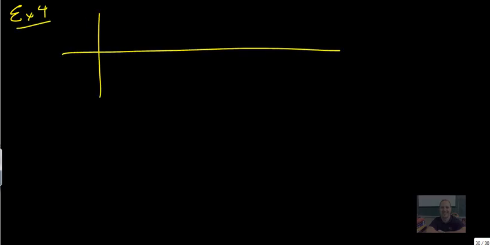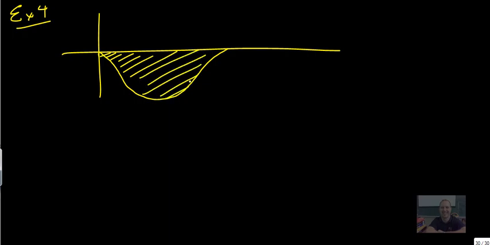One more thing we need to cover here in this section. So if we look at example 4, if we have an area that is underneath the x-axis, an area that's underneath the x-axis.